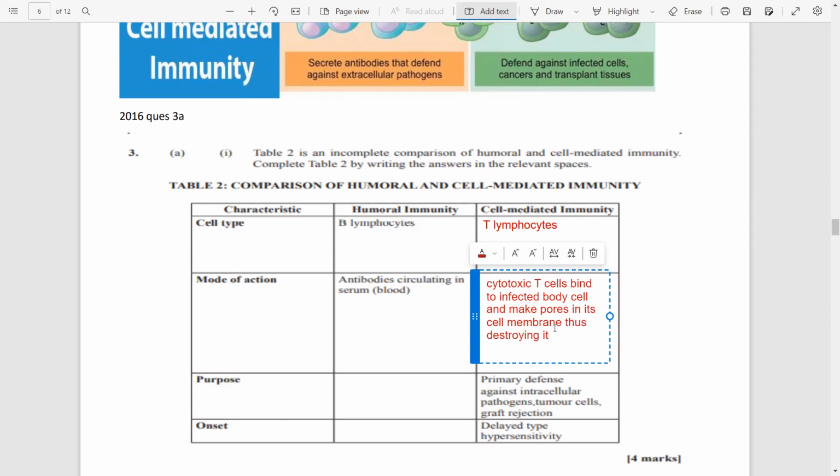It doesn't only make pores in the cell membrane, it also injects toxic enzymes, thus destroying the infected cell.